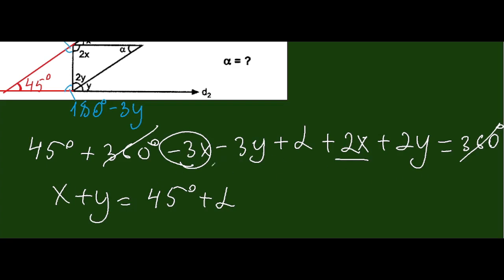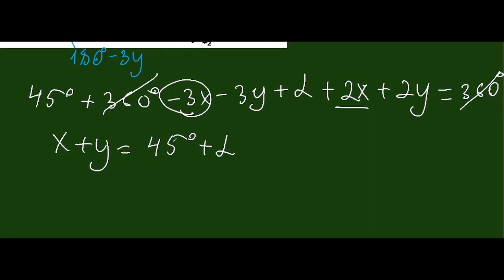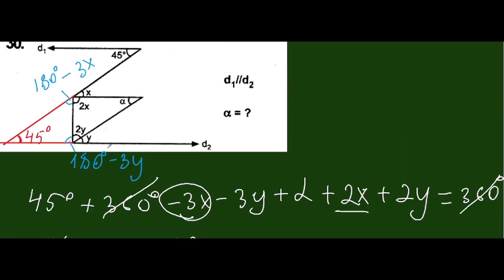So we will just write down as positive, and we'll skip this one. So the left side will just transfer this one to the right side. So we get x, and here minus y to us, so it will be plus y. And x plus y will equal 45 degrees plus alpha.